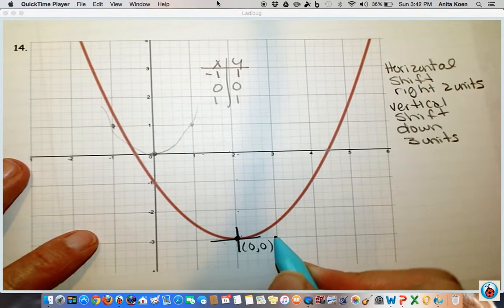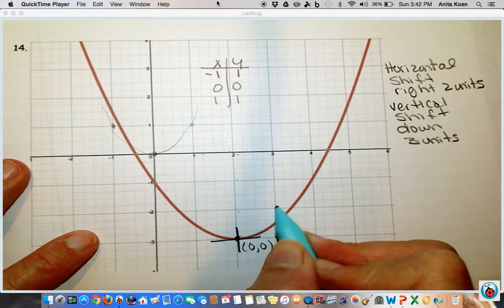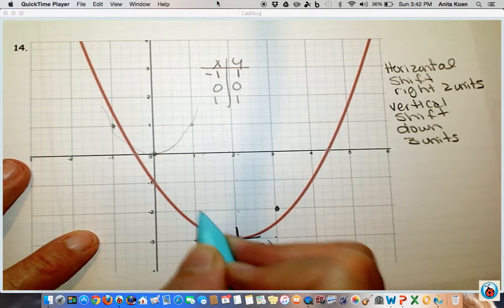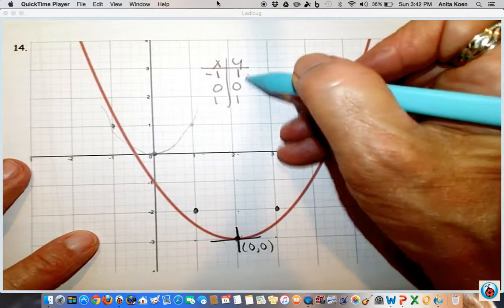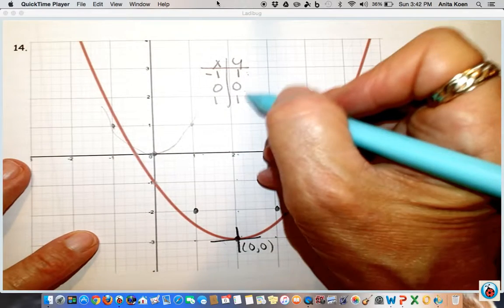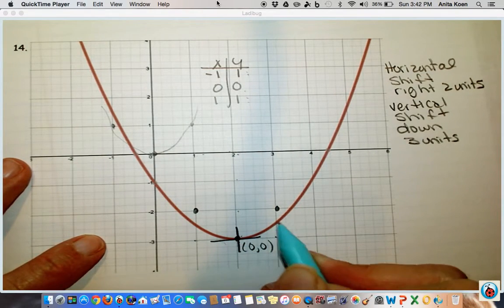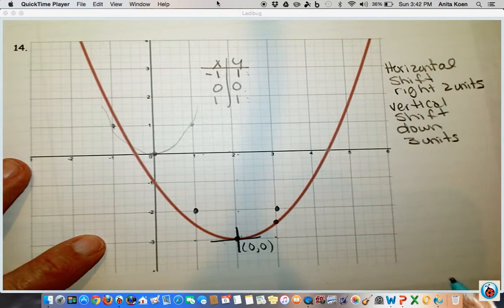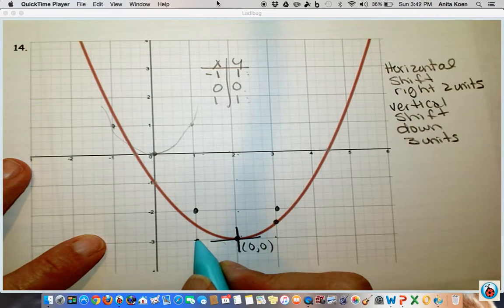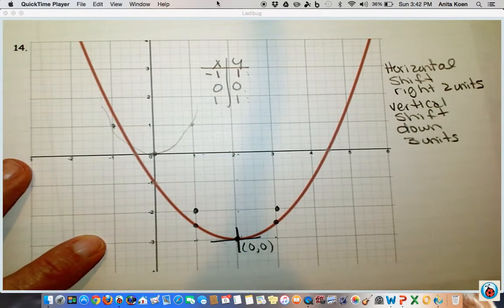So I'm going to go over 1, up 1, left 1, up 1. These 2 points right here are not on the graph. So I'm going to go over 1. This looks like a half to me. Over 1, that looks like a half to me, but I can't be absolutely positive.